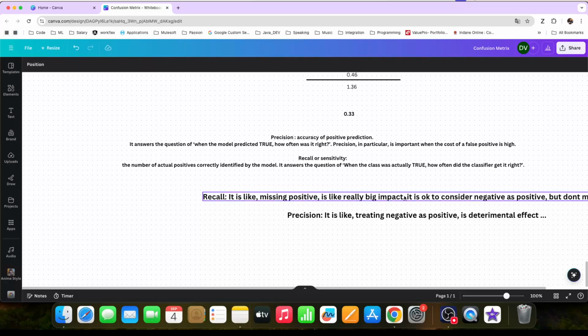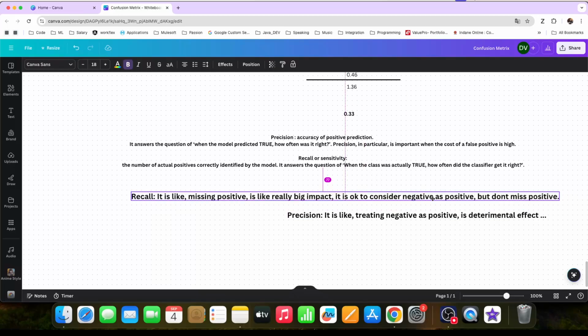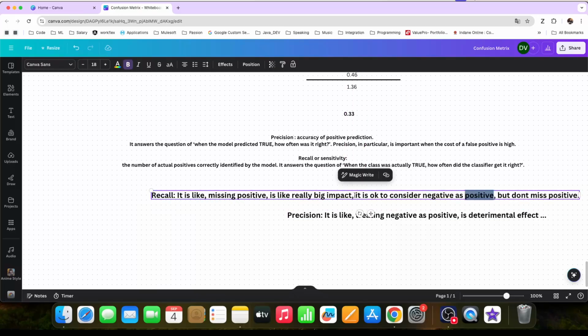In those use cases, you should really understand that recall is very important. You should give weightage to the recall. In the case of recall, maybe it's okay to label a negative as positive, but you cannot miss out a positive. Here I'm not connecting with healthcare use cases, I don't want to confuse you, but recall means you really don't want to miss any positive prediction. My model has to really predict positive cases, right?